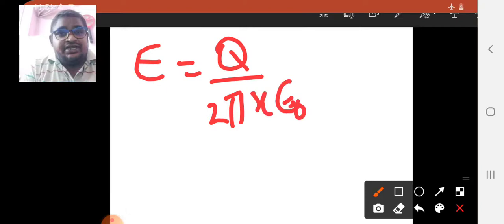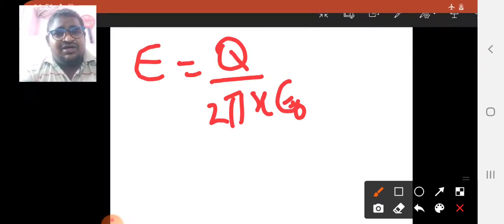This is the electric field intensity E at a distance x from the center of the conductor in air. So that is given by E is equal to Q by 2 pi x epsilon.